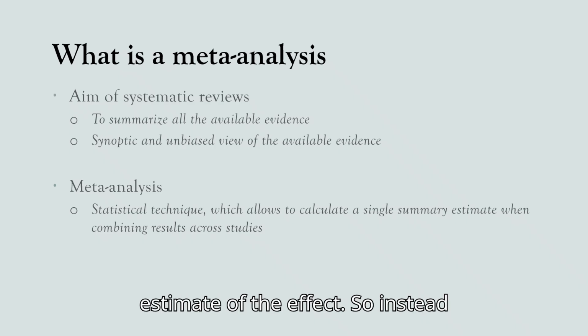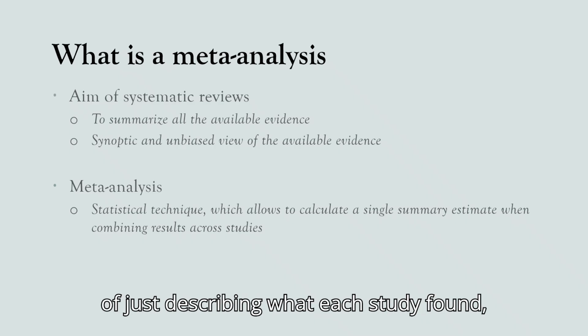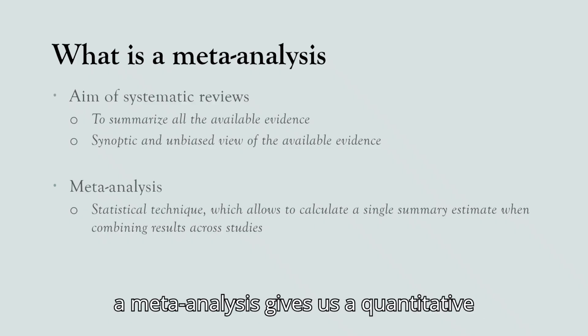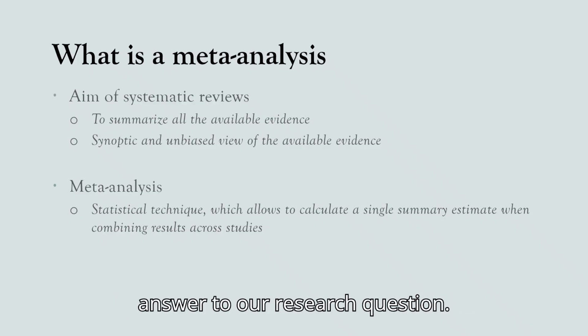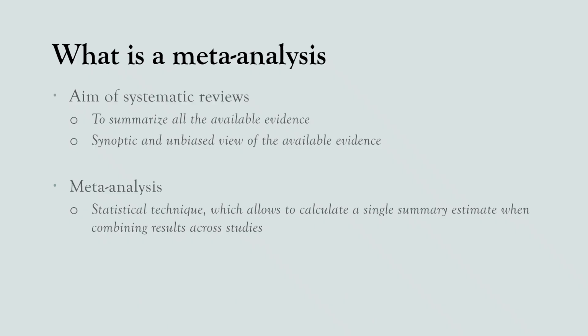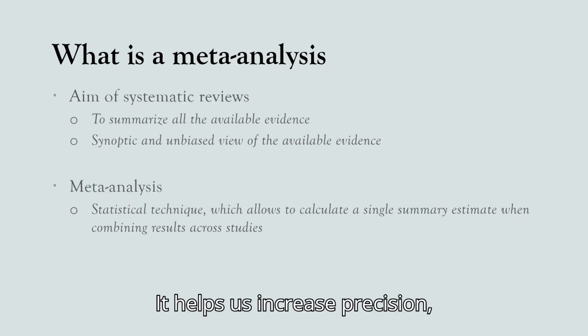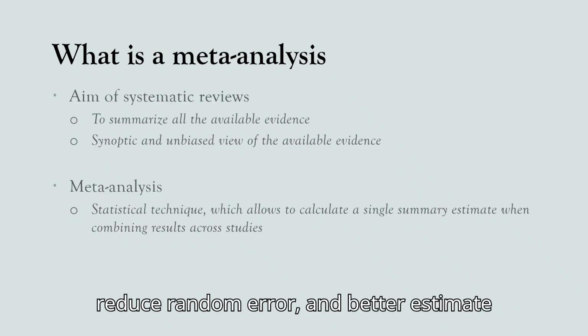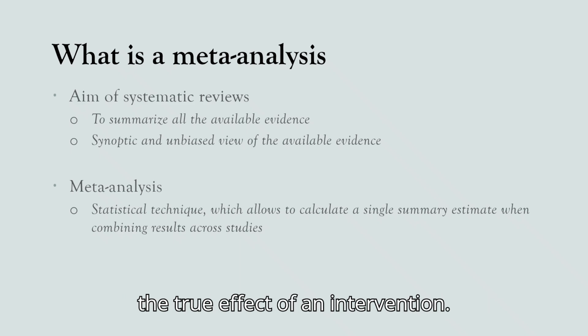So instead of just describing what each study found, a meta-analysis gives us a quantitative answer to our research question. It helps us increase precision, reduce random error, and better estimate the true effect of an intervention.